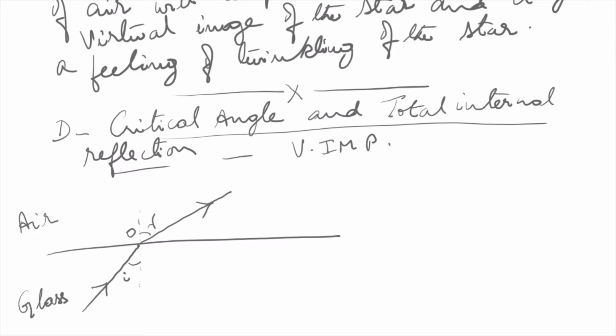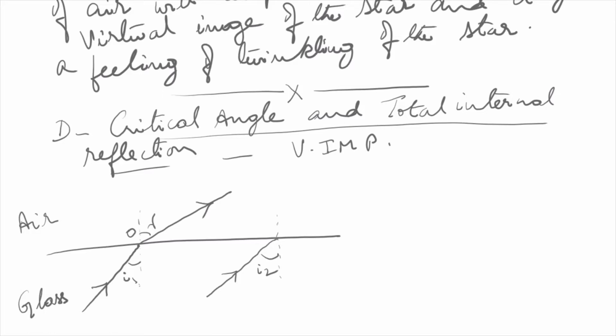Now suppose we increase this angle of incidence I. Suppose we further increase it, so this is I1, now say I2. Now I2 is greater than I1, we have increased.